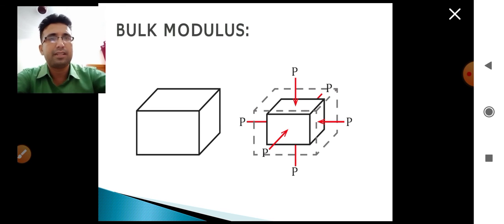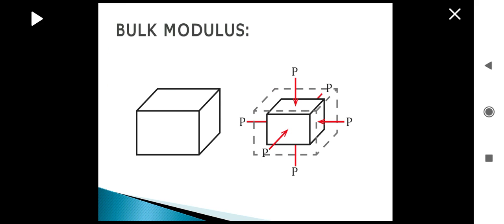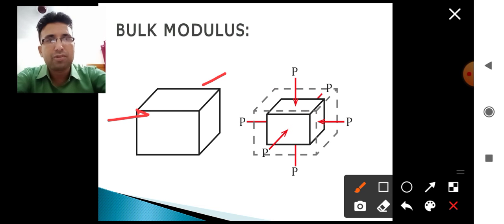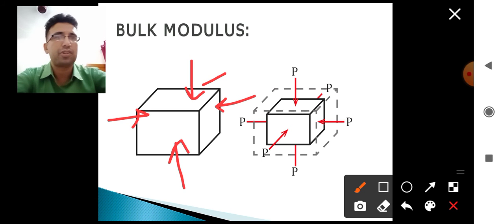Now we can also demonstrate this with the help of a body. Let us suppose we have a cube. We apply a uniform stress on all the directions, due to which we increase the pressure dP.